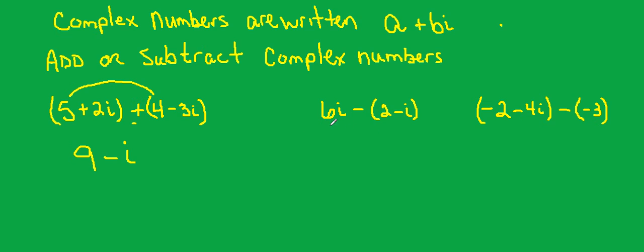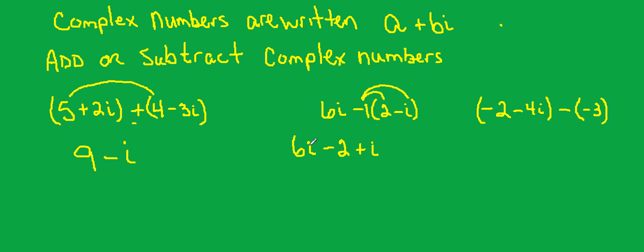Okay, next one, this is an indication of subtraction, so just like in polynomials, we are careful that we distribute the negative over the binomial in this case. I want to do that first. So this will be 6i, just being brought down. Negative 1 times 2 is negative 2, and negative 1 times negative i is positive i.